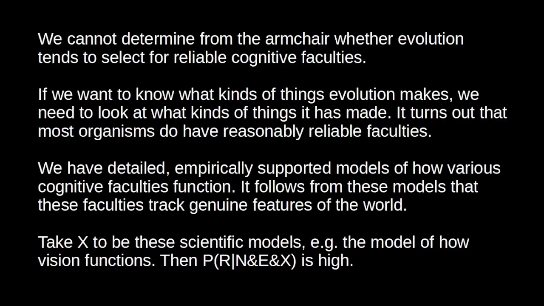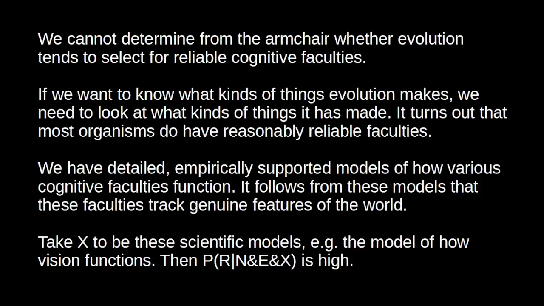So the probability of R given N and E is low, but we have to consider all of the evidence. If we take X to be the scientific models of faculties like visual perception, then the probability of R given N and E and X is high.